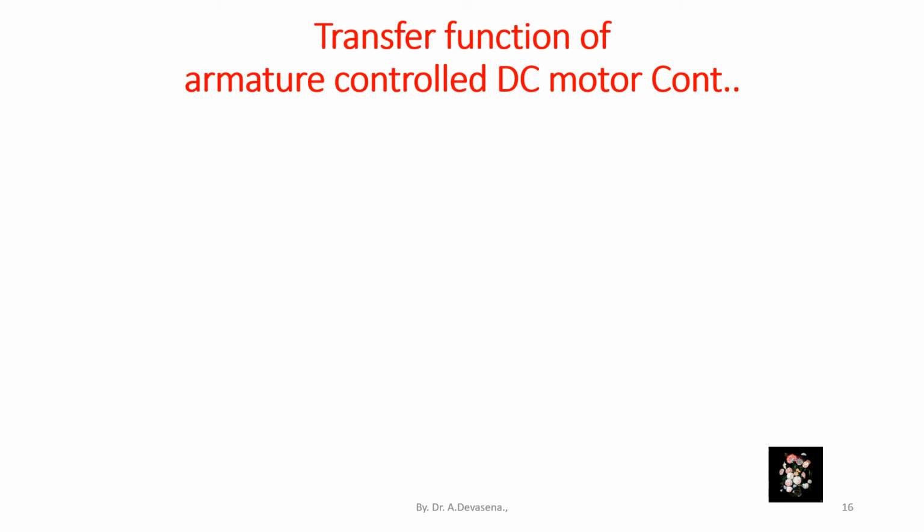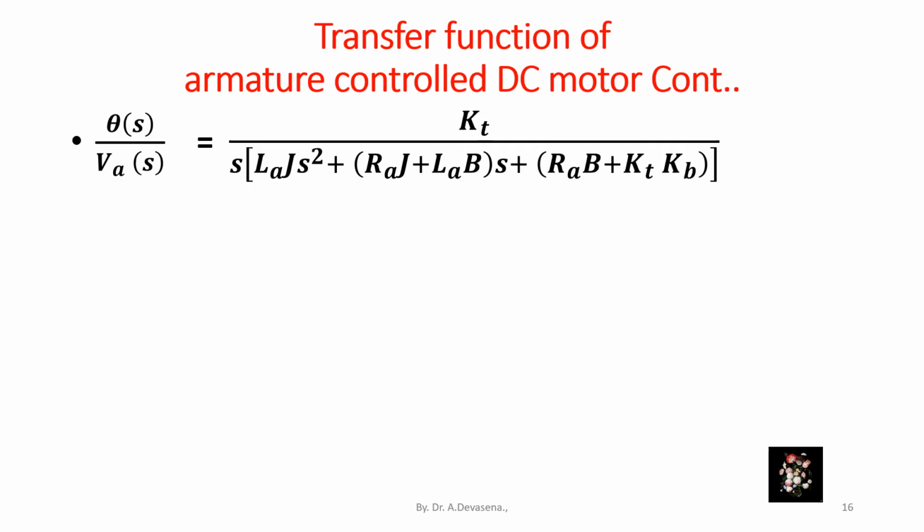If we further simplify the above equation, taking s as common and combining the s terms and the constant term, we get θ(s) divided by V_A(s) is equal to K_T, the whole divided by s into (s² L_A J plus (R_A J plus L_A B) s plus (R_A B plus K_T K_B)).